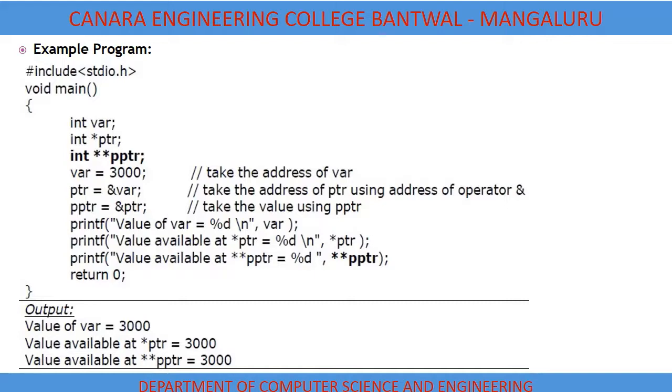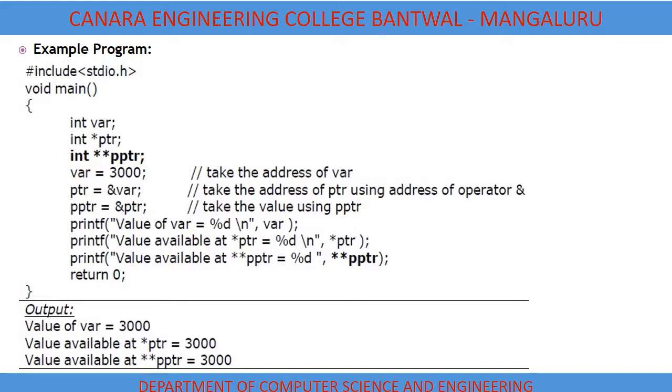Next, we are assigning the address of that variable to ptr. So ptr is having the address of the variable. Now I take pptr is equal to address of ptr.